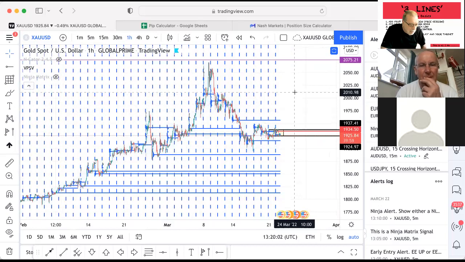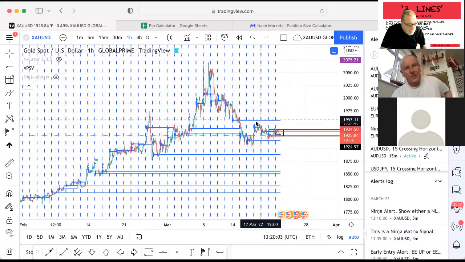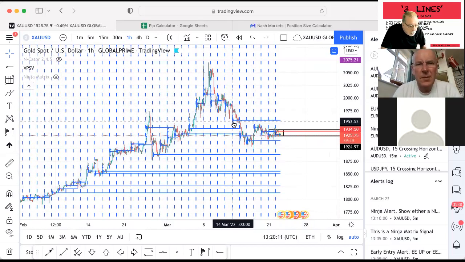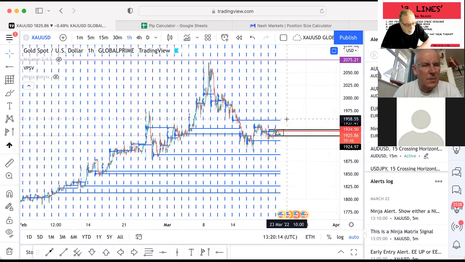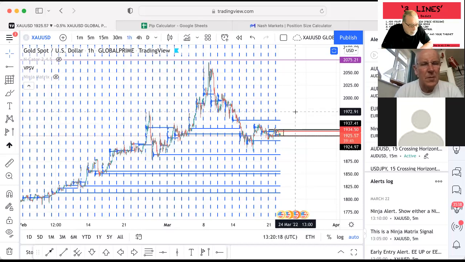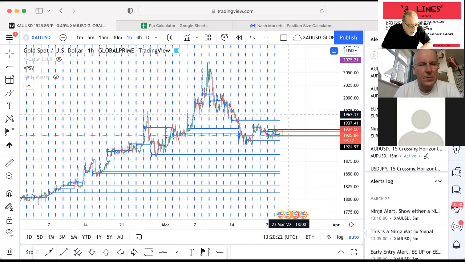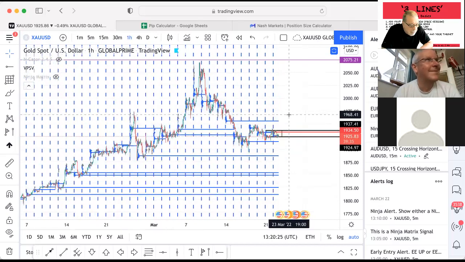What I'm seeing now is that there's an outstanding point of control from the 13th or 14th of March. That has to be taken out. That's a little bit like Paul uses imbalance, and that line there is telling me that there's something very similar to imbalance. If I zoom in, I'm sure I'll find some imbalance.